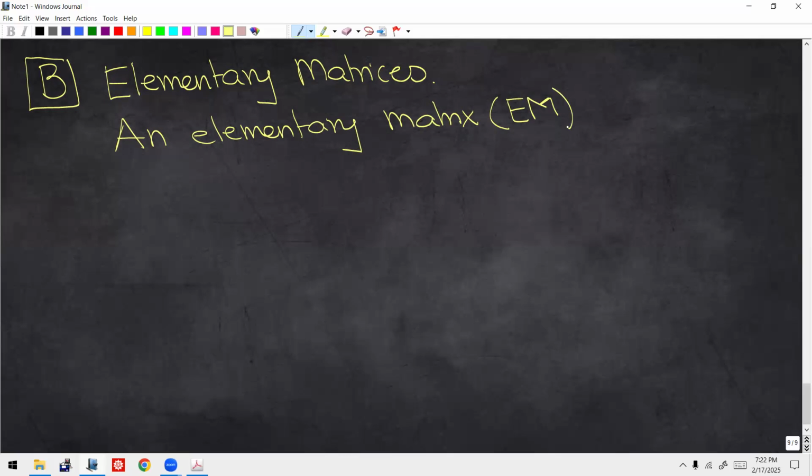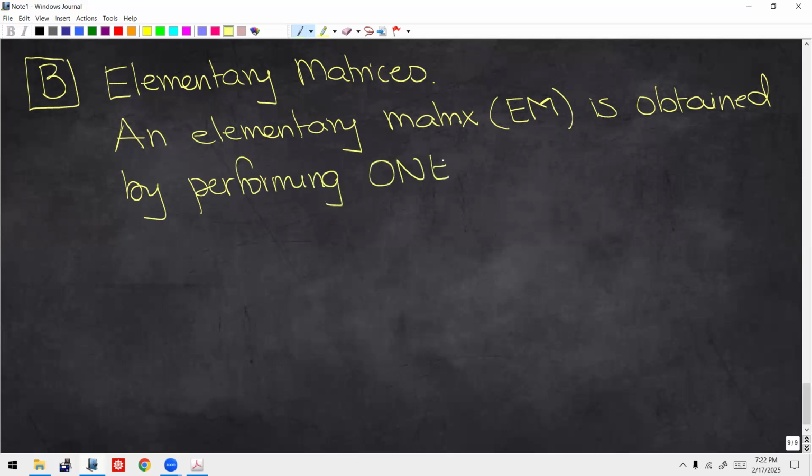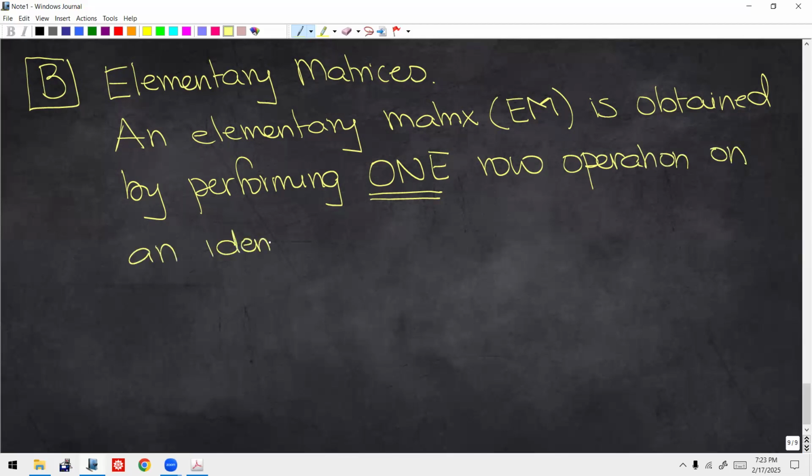An elementary matrix is obtained by performing ONE row operation on an identity matrix. So this is really cool. What this is saying is that to get an elementary matrix, you start with an identity matrix and you perform one single row operation.